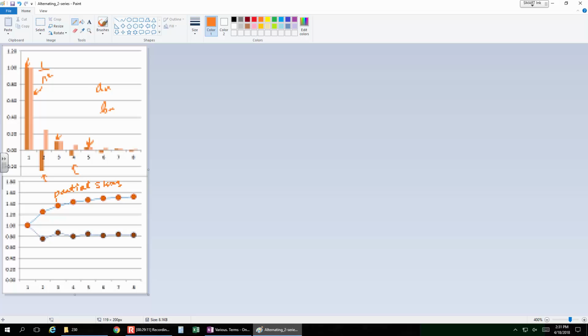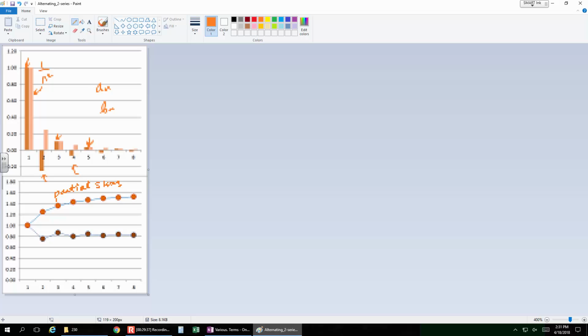Why? Because we alternate. We add a positive number, then we add a negative number. Positive, negative, positive, negative, and that's why it goes up and down. That's alternation. Alternation between the sign of the original series becomes alternation of the direction in the partial sums. So it goes up and down. That is quite clear, and the swing gets smaller and smaller.